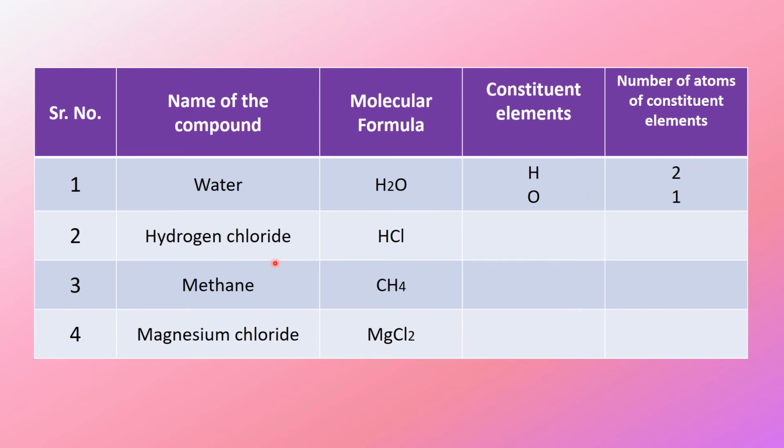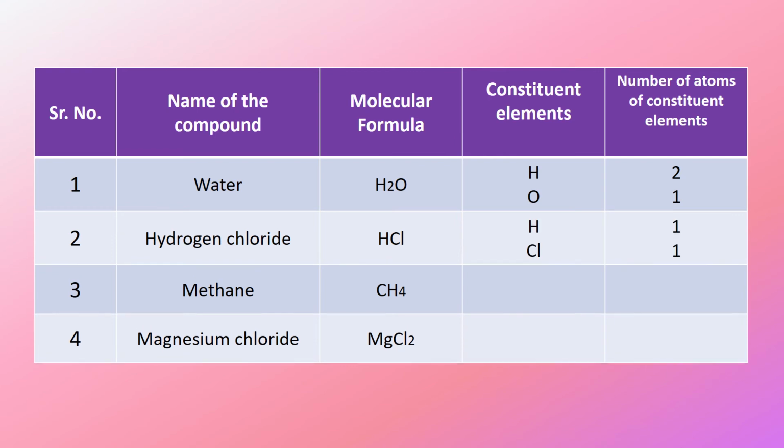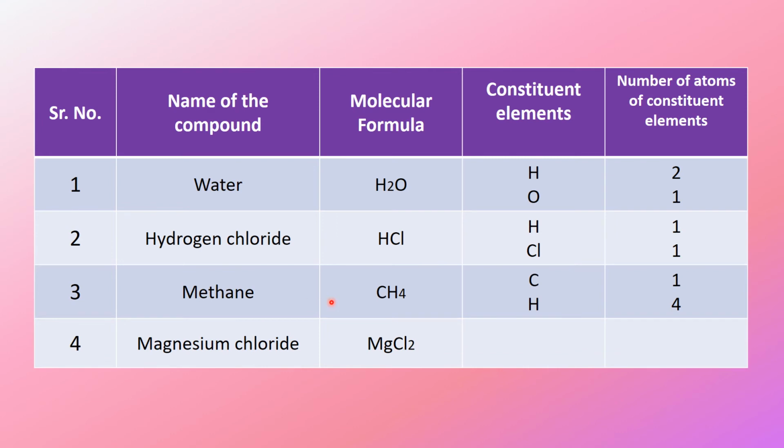Next one, hydrogen chloride, formula HCl. The constituent elements are hydrogen and chlorine, with the number of atoms of hydrogen 1 and chlorine 1. Next example, methane. The molecular formula is CH4.